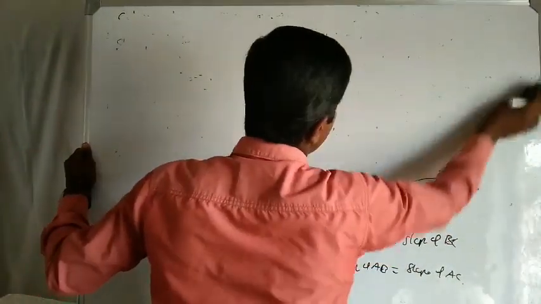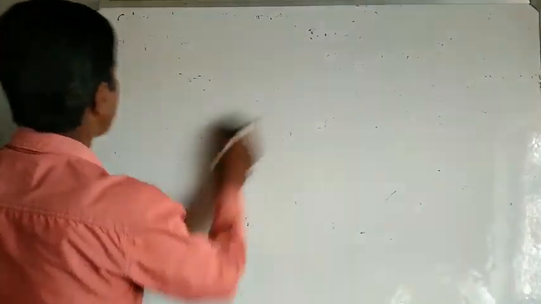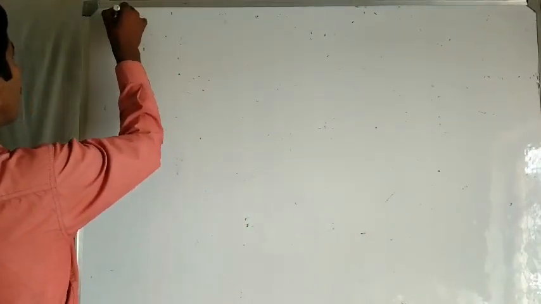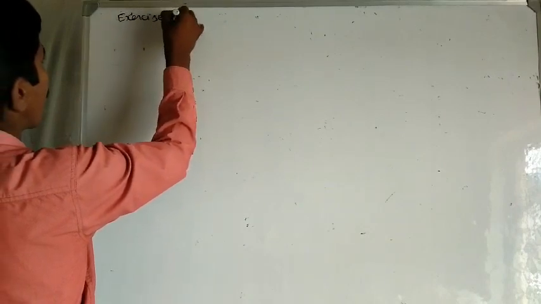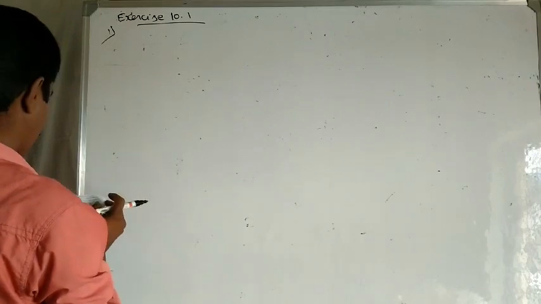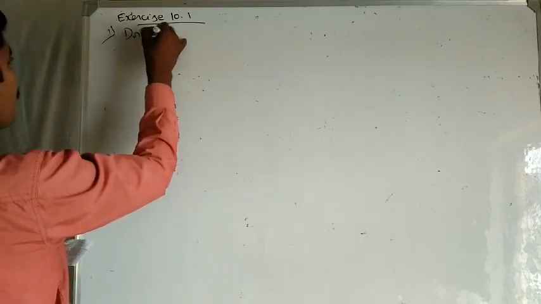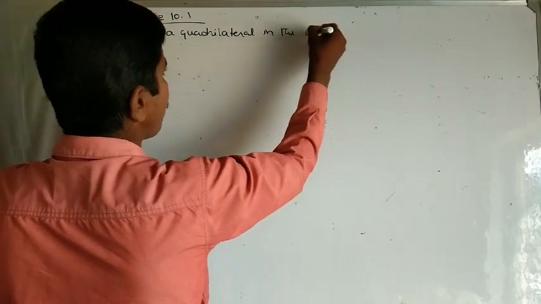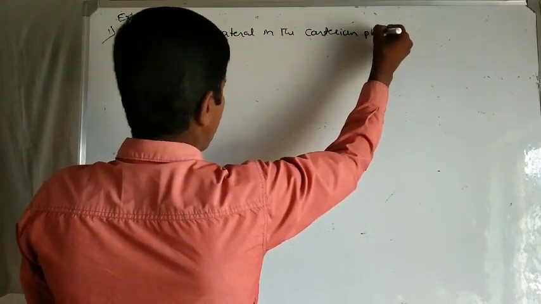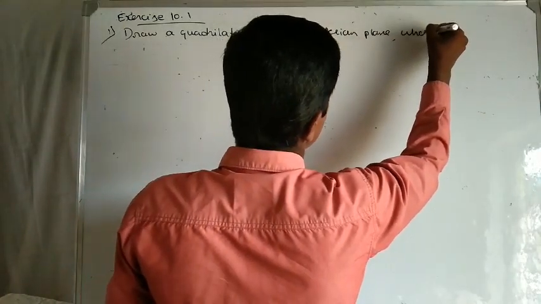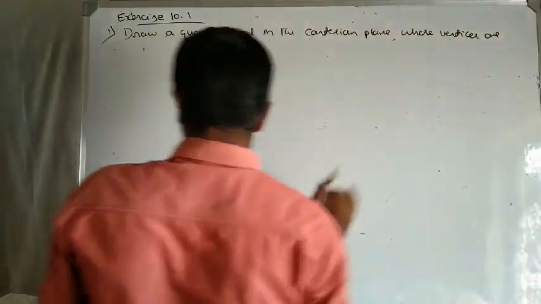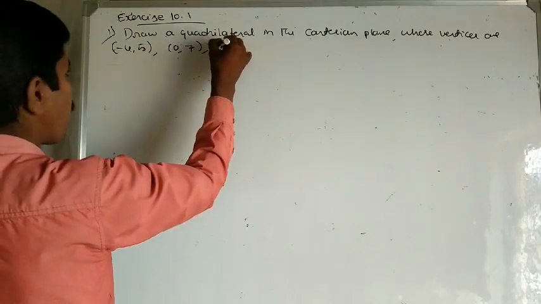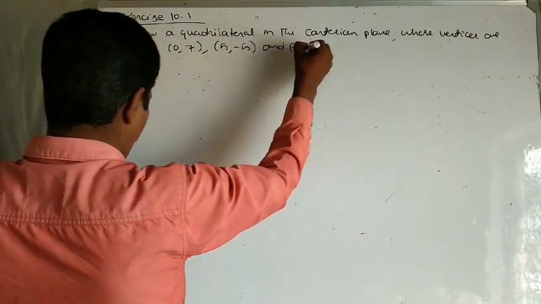Exercise 10.1. First problem: draw a quadrilateral in the Cartesian plane whose vertices are minus 4, 5; 0, 7; 5, minus 5; and minus 4, minus 2.